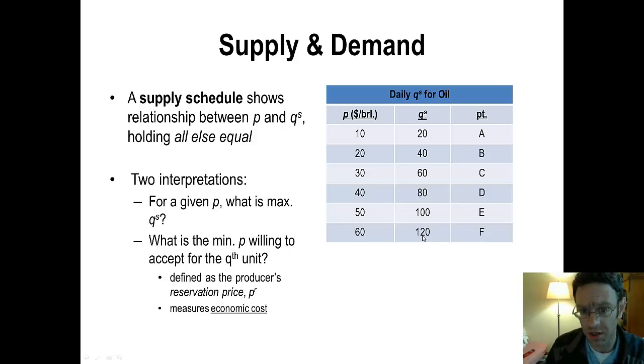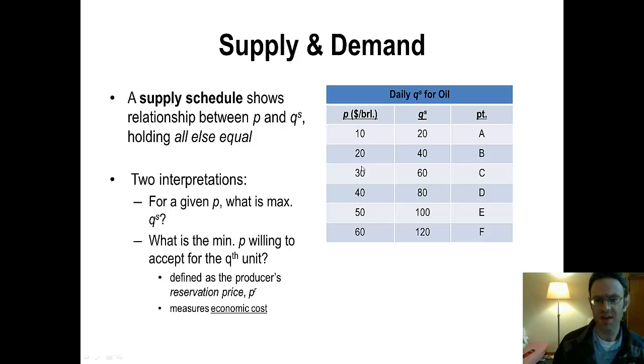Another way of interpreting what the supply schedule tells you is you start with quantity supplied and solve for price. And the way that you should interpret this perspective is, starting with the first row here, what is the minimum price that sellers are willing to accept in order to sell the 20th barrel of oil? $10. What is the minimum price that sellers are willing to accept in order to supply the 60th barrel of oil? $30.